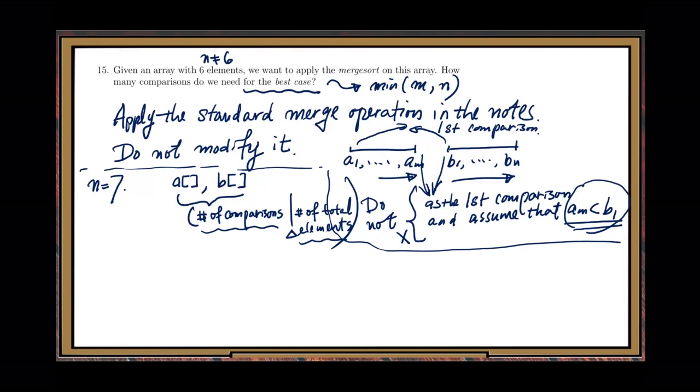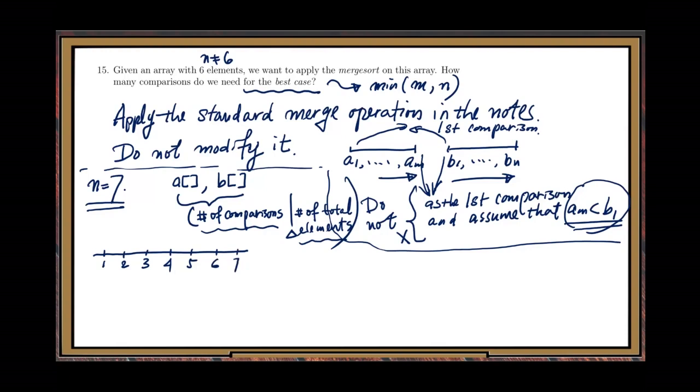With this notation, now let me show you how to run the merge sort on a 7-element array for the best case. Let's start. We have an array with 7 elements: 1, 2, 3, 4, 5, 6, 7.